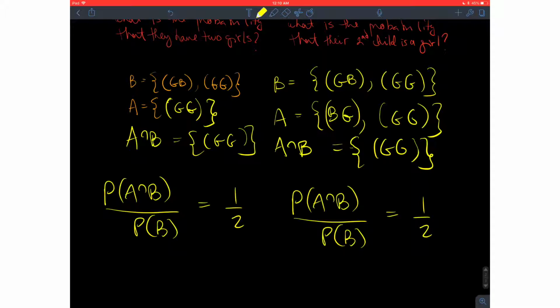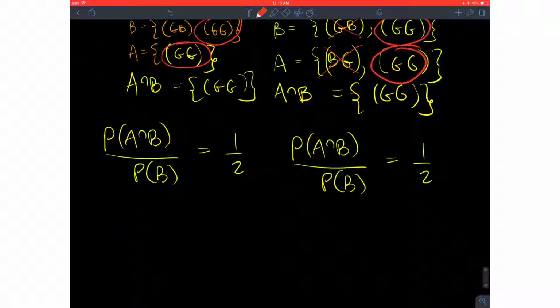The only element which is shared among the two sets is GG, because BG is not the same as GB. So A intersection B, in both cases, is GG, which has cardinality 1.